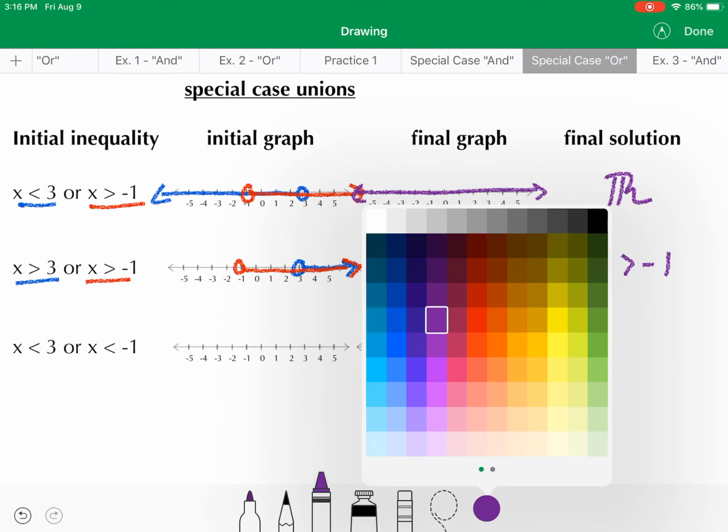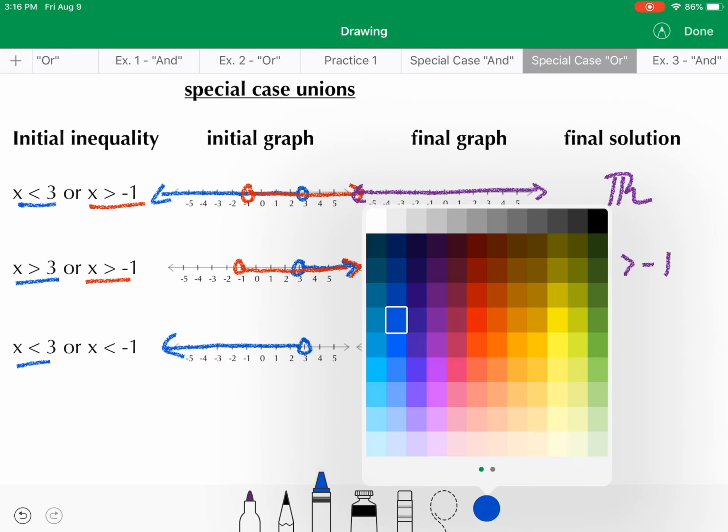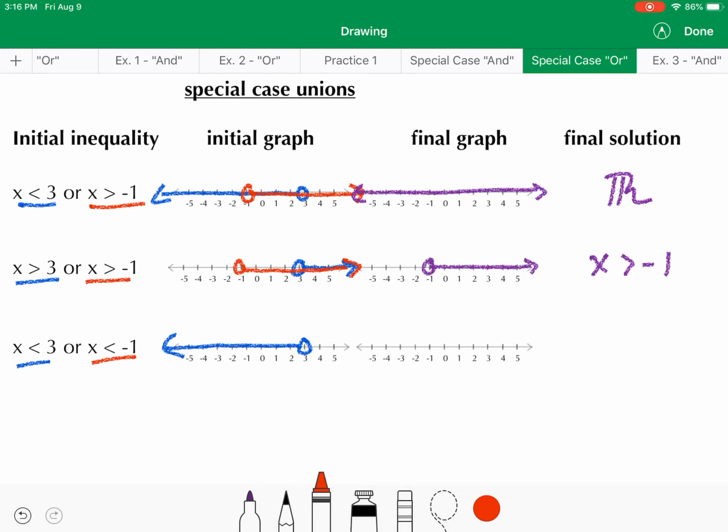Okay. And the last example, x is less than 3 or x is less than -1. Try to find the union of those two. Together they make any number less than 3.